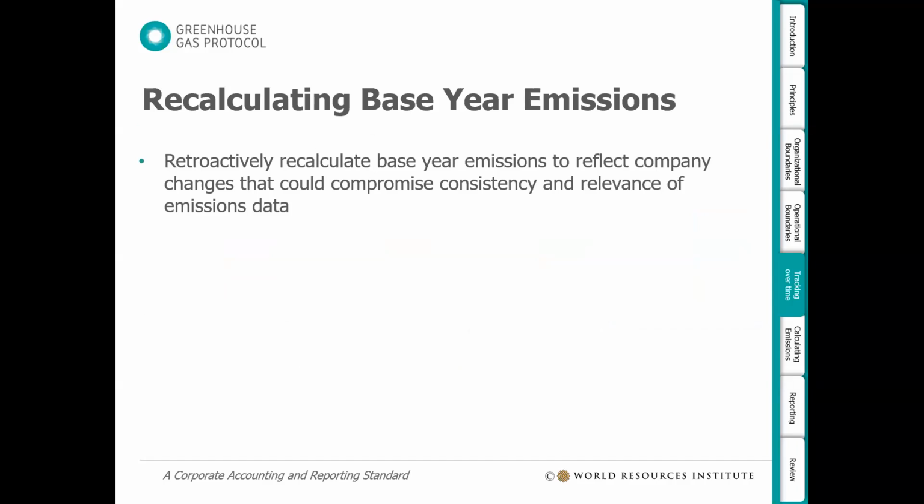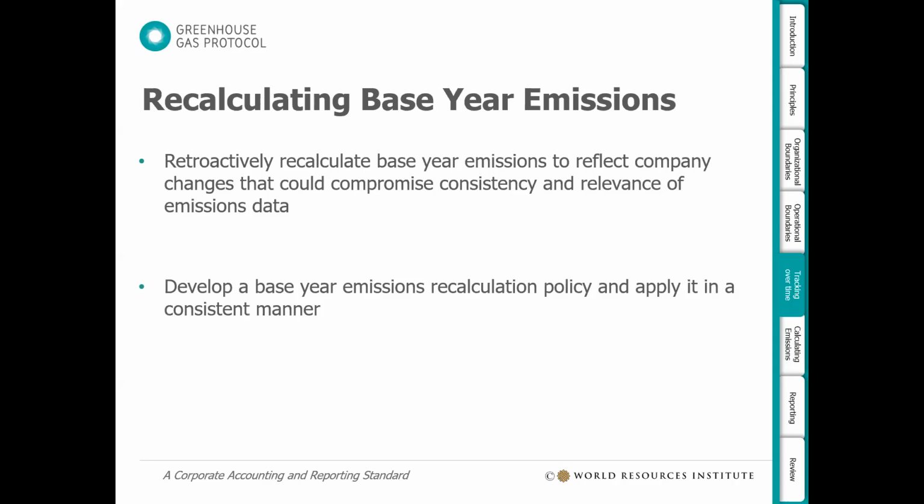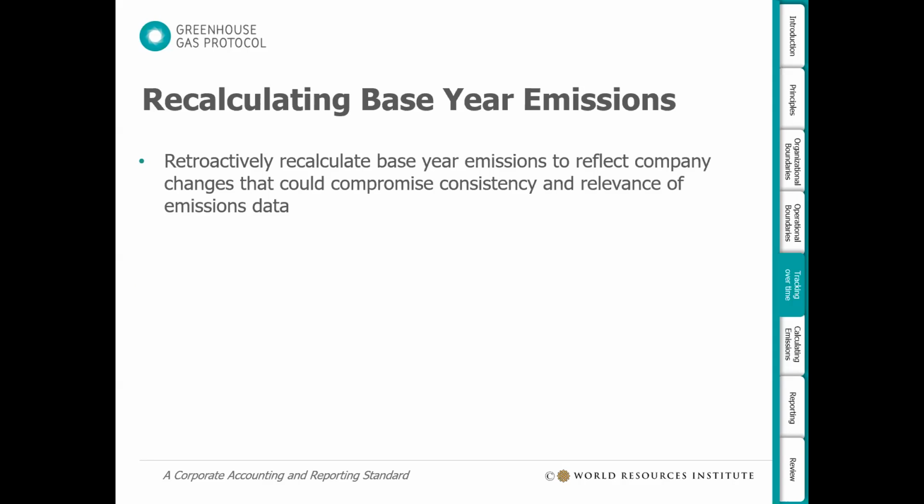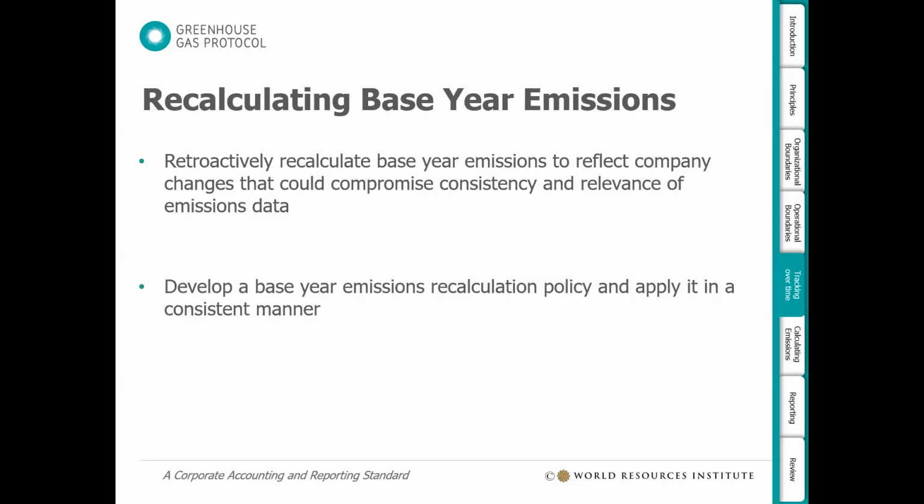The corporate standard requires companies to do a number of things in this regard. It requires companies to retroactively recalculate base year emissions to reflect company changes that could compromise consistency and relevance of emissions data over time. It requires companies to develop a base year emissions recalculation policy and to apply that policy in a consistent manner over time.